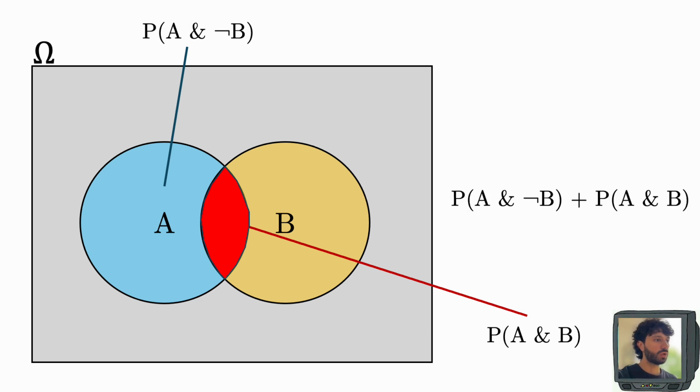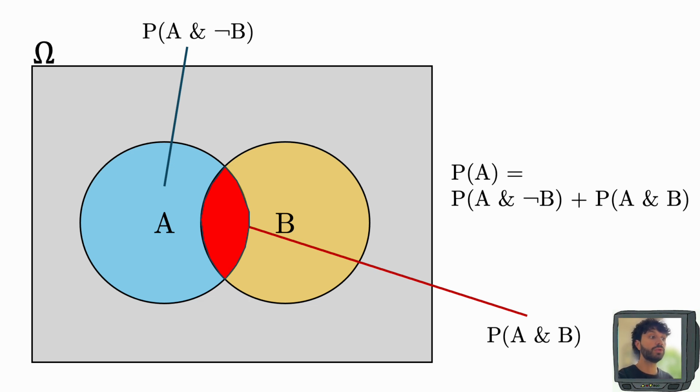So let's look at this equation of the probability of A and not B plus the probability of A and B. Note that this is just equal to the probability of A in the space. The probability of A is just equal to the blue shaded region plus the red shaded region. Note that these two are mutually exclusive.